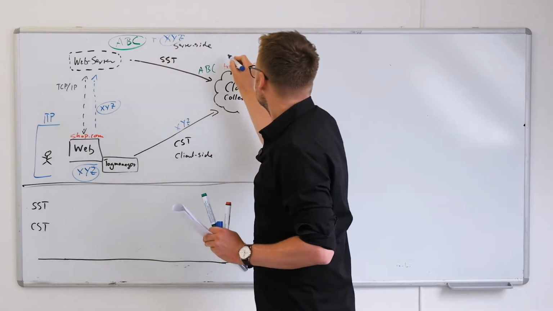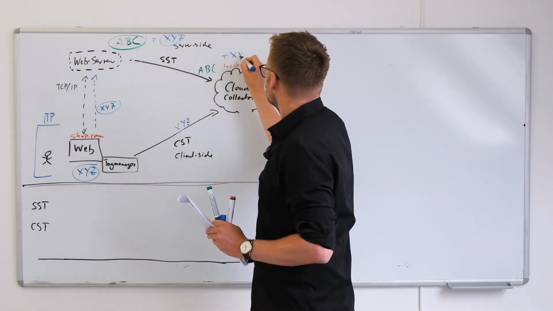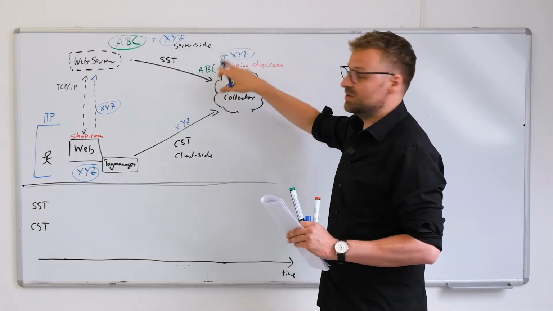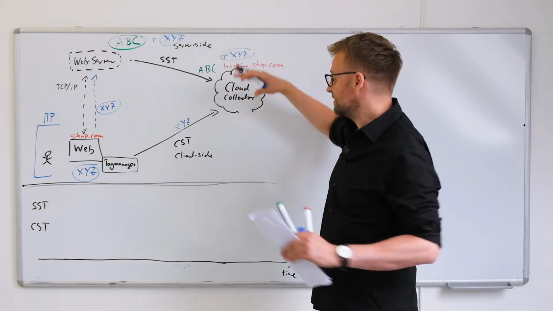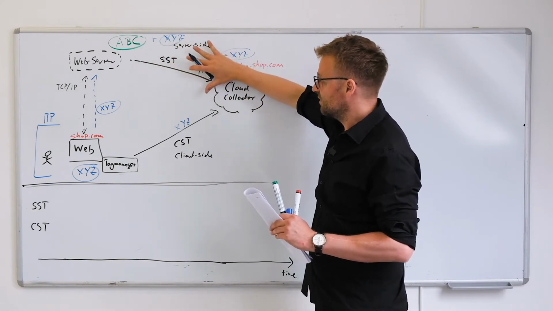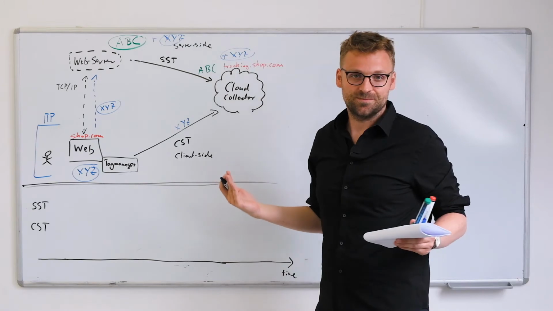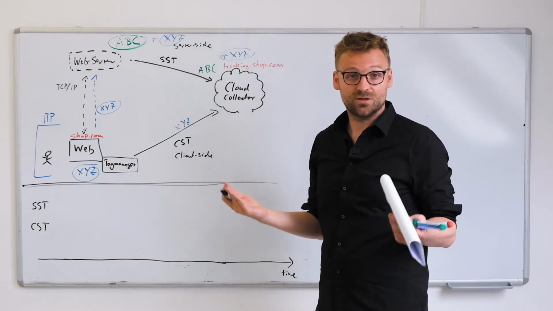Therefore, we know at some point that both user IDs belong together, and that the events coming from this server side and this client side are actually telling us more about the same user, because that's actually what we want with tracking.